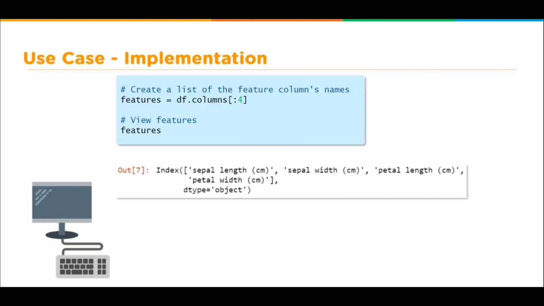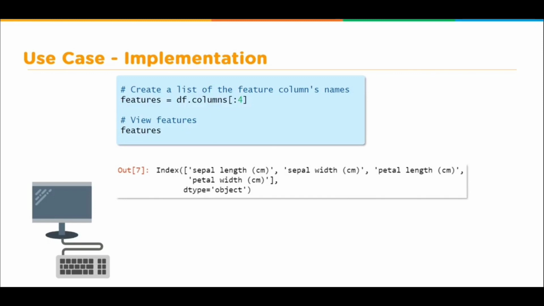Create a list of the feature column names. features = df.columns[:4]. View features output. It will give the output Index of sepal length, sepal width, petal length, petal width, dtype equal to object.